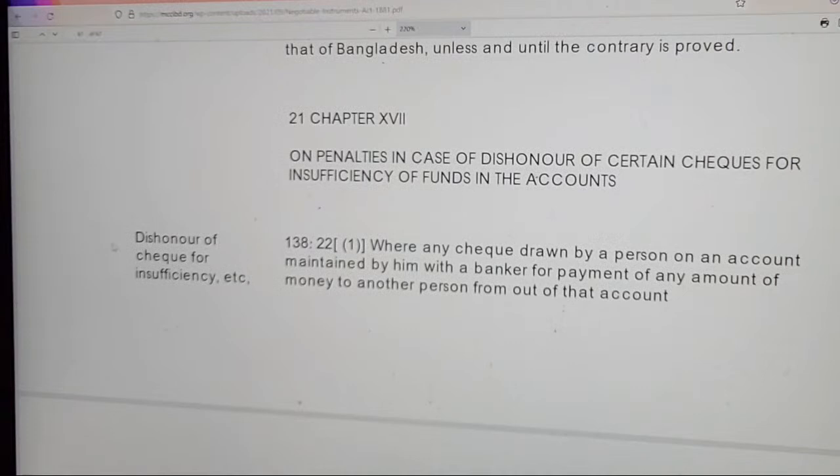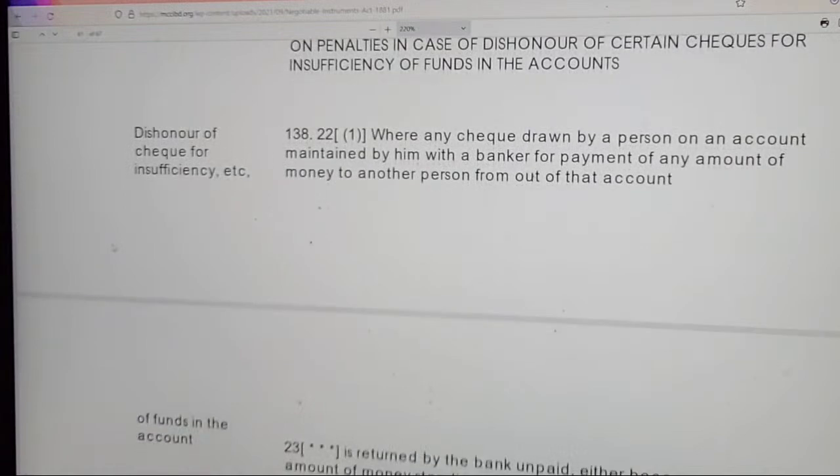Chapter XVI on penalties in case of dishonor of certain checks for insufficiency of funds in the accounts, etc. 138.